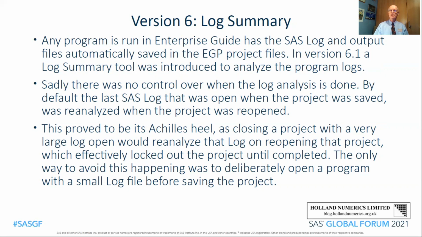And so by default, the last SAS log that was opened when the project was saved was reanalyzed when the project was reopened. This, to me, was its Achilles heel, as closing a project with a very large log open, which you had analyzed already, would be reanalyzed when you reopen the project, which effectively locked the project until it was completed. And I found the only way to avoid this was to deliberately open a very small log file before I saved the project. And then it would reanalyze that, and it didn't make any difference in time.